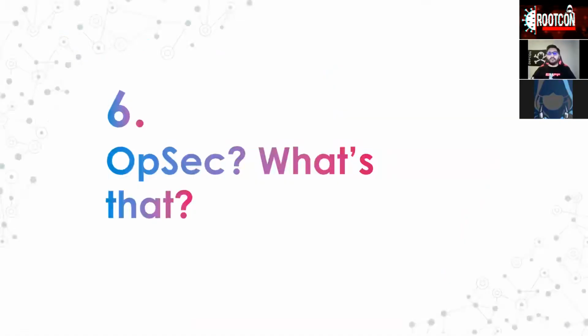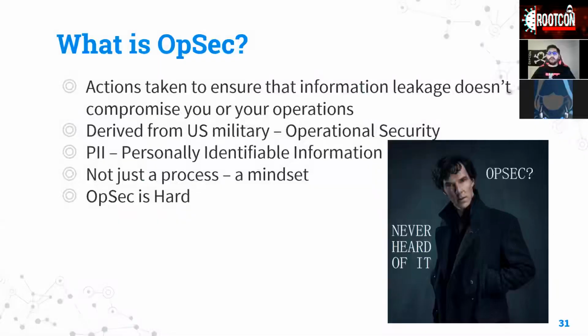Moving on, now we'll talk about operation security, or OPSEC, and why it is necessary to maintain OPSEC. So first of all, what do we mean by OPSEC? Operation security is the practice of hiding yourself online, or disassociating your online self from your real self.